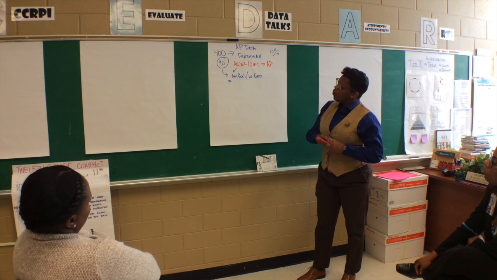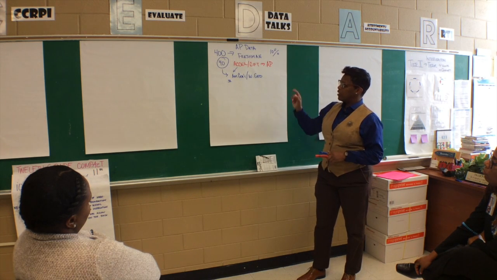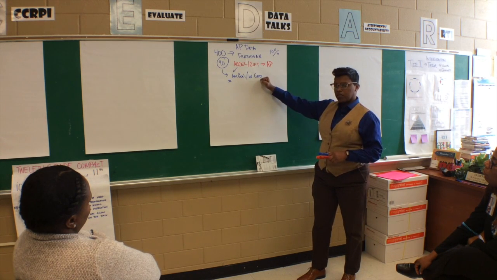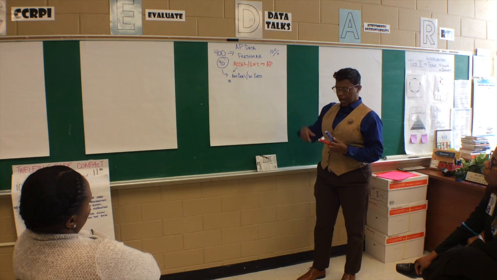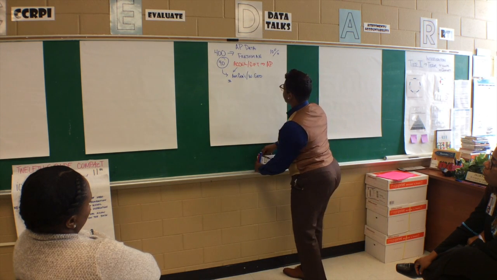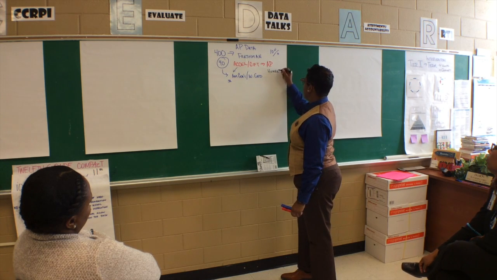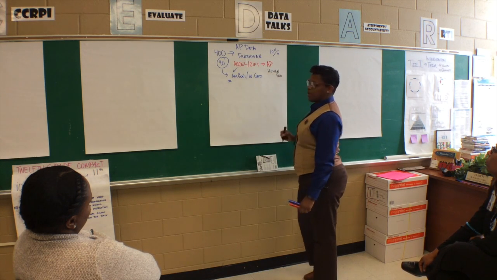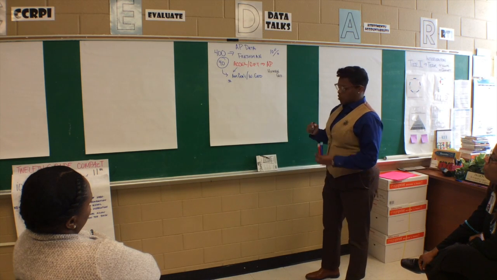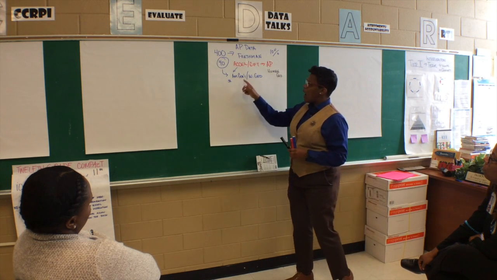Okay? Now, what we're trying to do is stop this process by offering an AP 9th grade course, which would be AP Human Geography, given in the spring semester. Okay? So that we will increase our numbers.